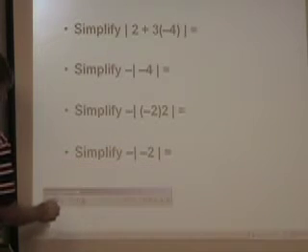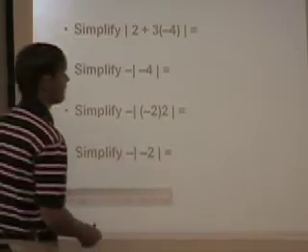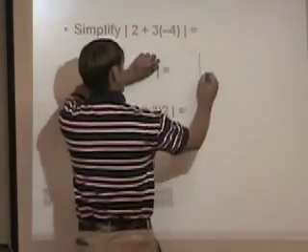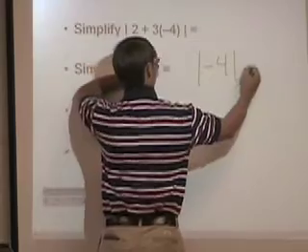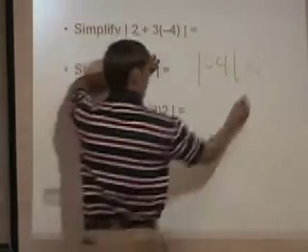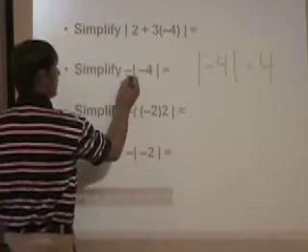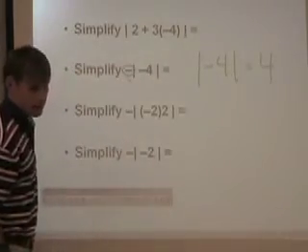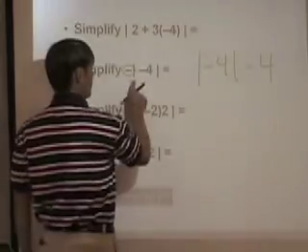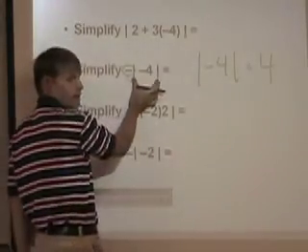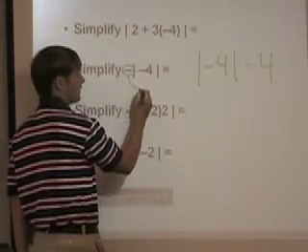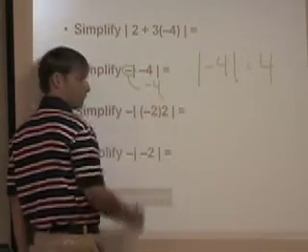Now look here. The absolute value of, what's the answer to this? 4. Okay? But look at the difference here. They put a negative on the outside also. So the absolute value of negative 4 is 4, but then you had to add this negative, so the answer is negative 4.